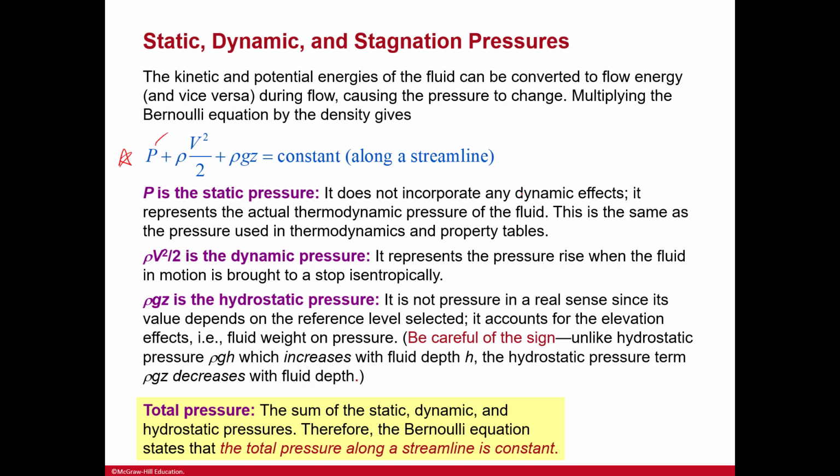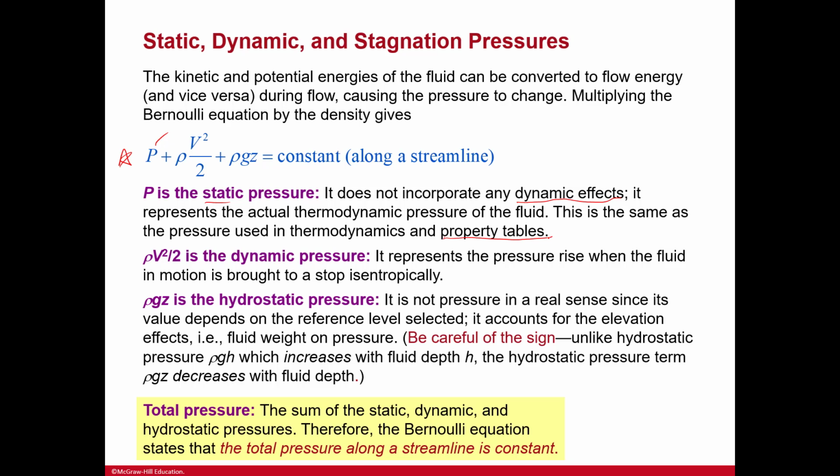It does not incorporate any dynamic effects because by name it's static pressure, unchanging, unmoving. It represents the actual thermodynamic pressure of the fluid. This is the same as the pressure used in thermodynamics and property tables. So if you have taken or are going to take thermodynamics, you are, or will be, very familiar with the property tables.